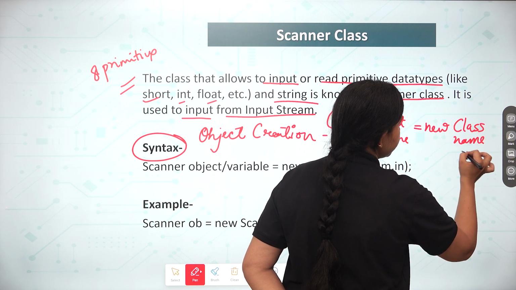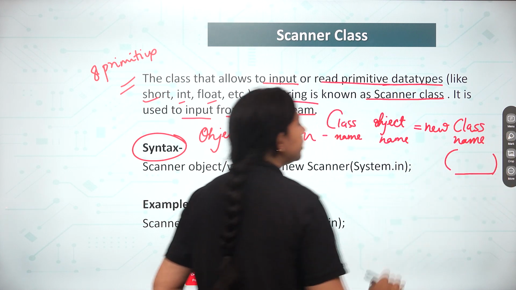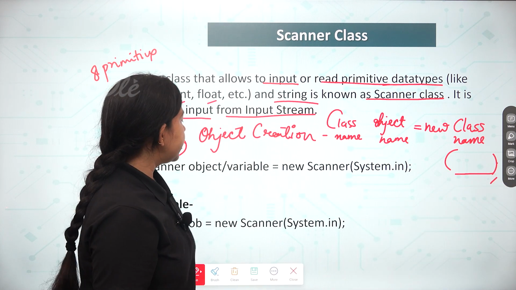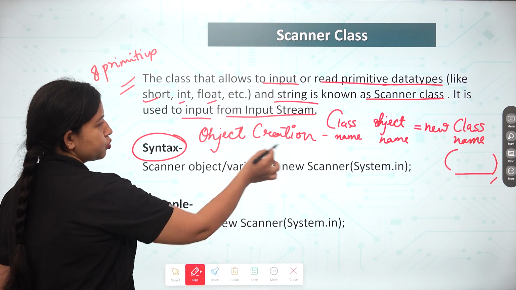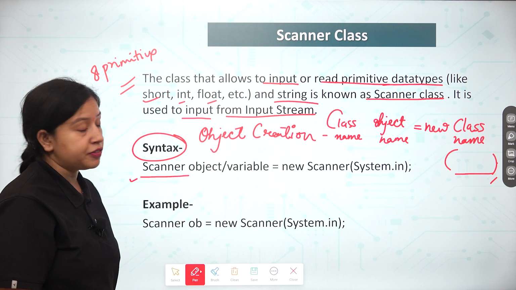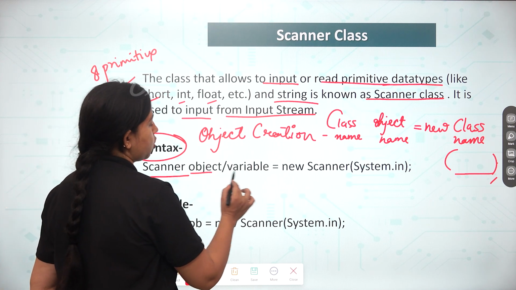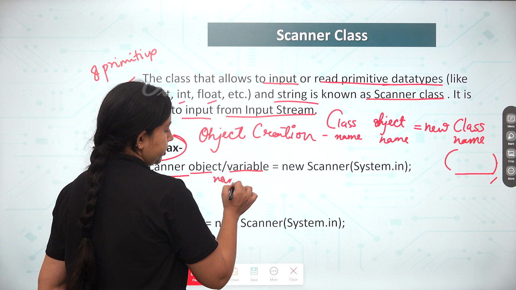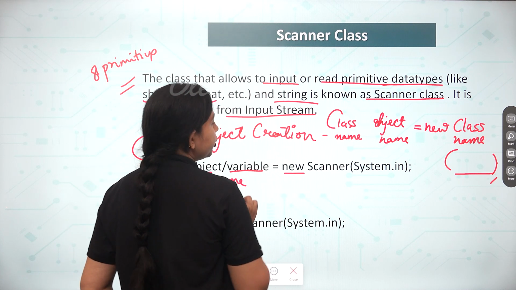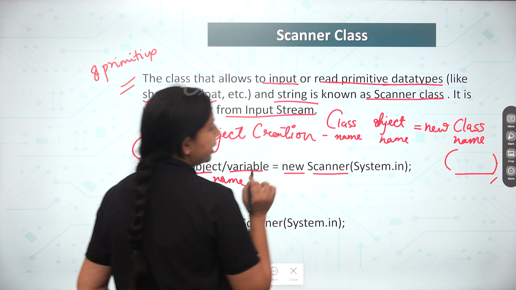After the class name, if any argument has to be passed, it is passed here, and we put a semicolon at the end. Here it is the same, because we are using Scanner as a class. So we write Scanner first, followed by the object or variable name, then equals to new, and then the class name, Scanner.